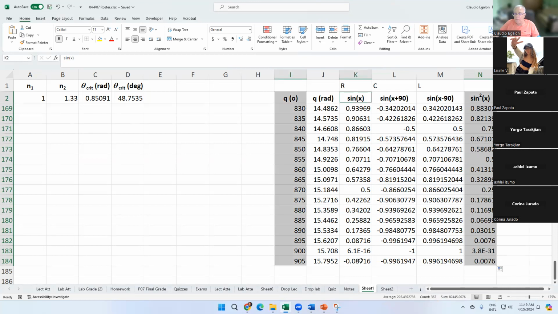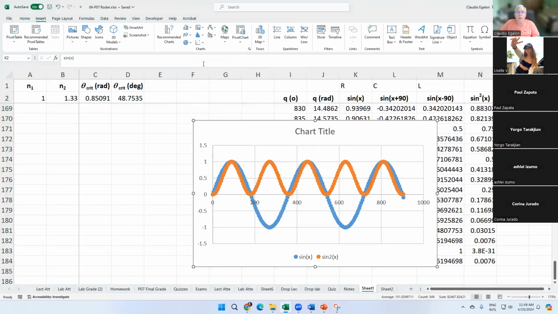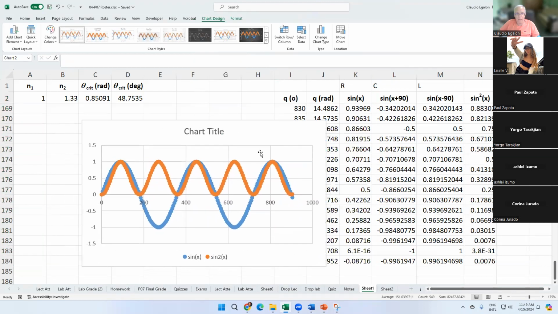And just for comparison purposes, I'm going to put all of them in there. Here's the square value of my sine function, and here's just my sine function. Now you no longer have negative values for this new function, right? So you can take the average of it, and you're not going to get a zero.